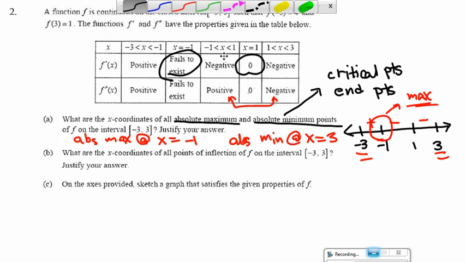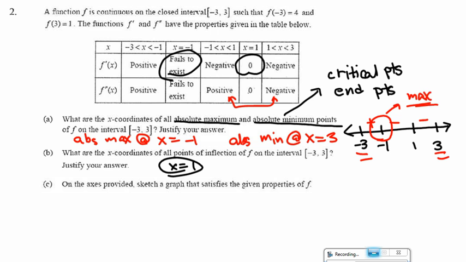Therefore, the point of inflection is when x equals 1, because f double derivative changes from positive to negative.